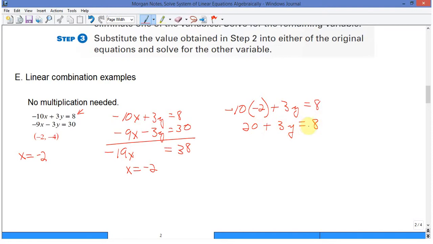Subtracting 20 from both sides would give me 3y is equal to negative 12. Dividing both sides by 3, I would get y is equal to negative 4. So my intersection point would be x at negative 2, y is negative 4.